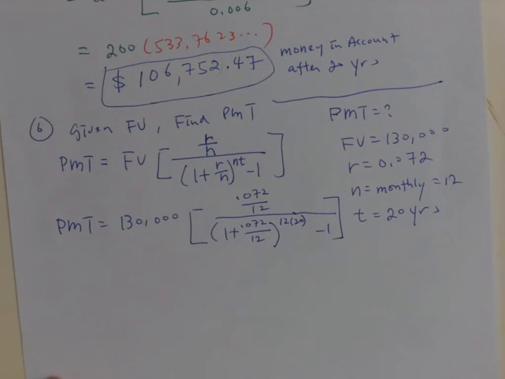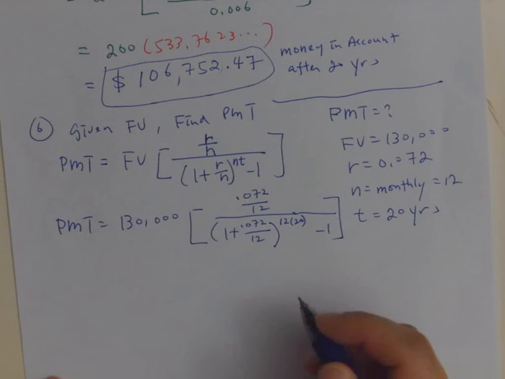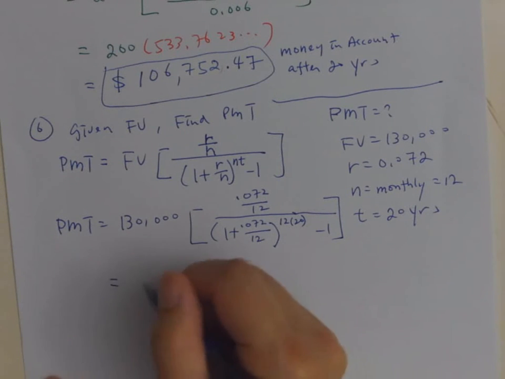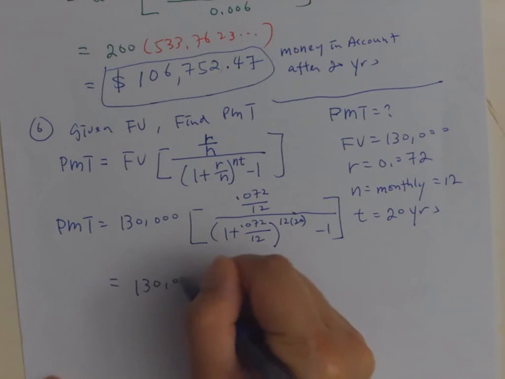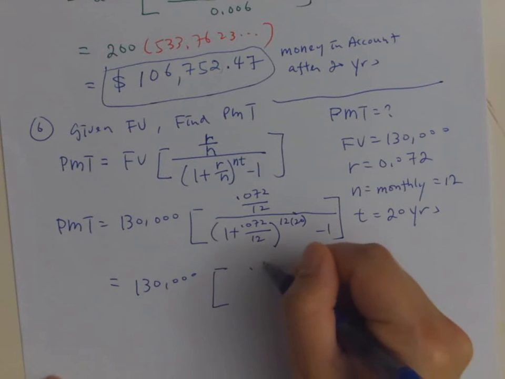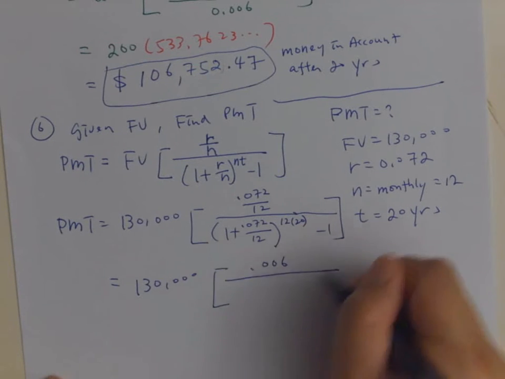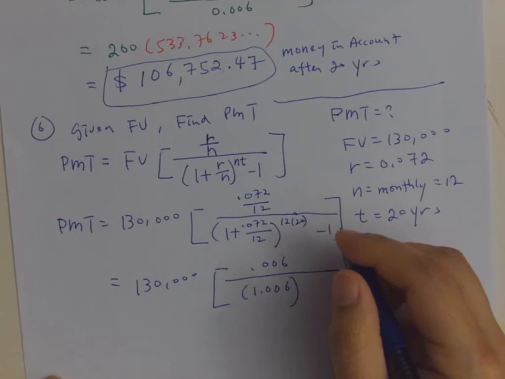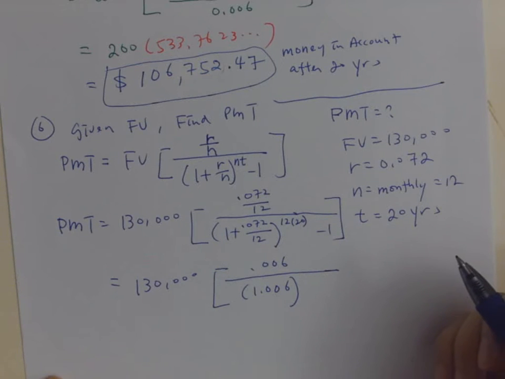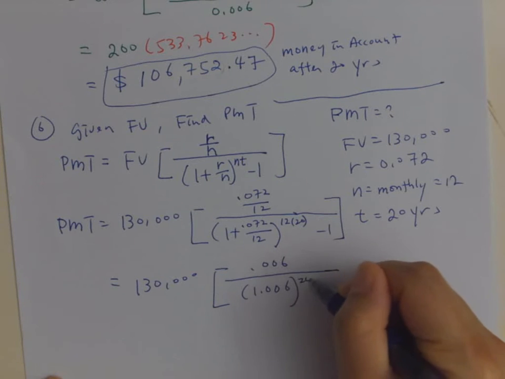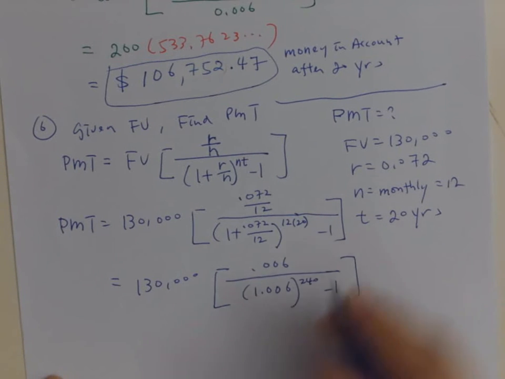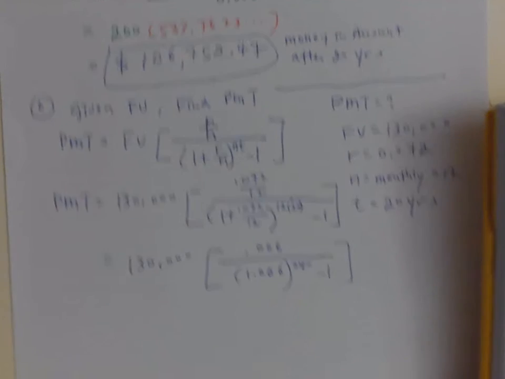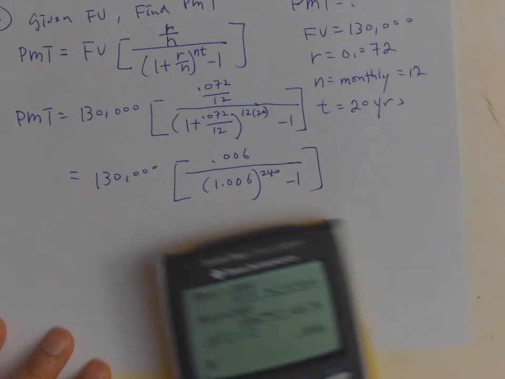So I'm going to use my calculator. 0.072 divided by 12, we should already know this is 0.006. Divided by 1.006 to the power of 12 times 20, which was 240. We did that last question. So hopefully you know how to do it on the calculator.